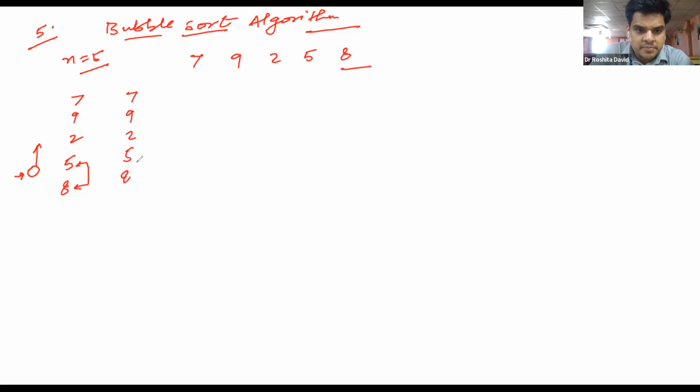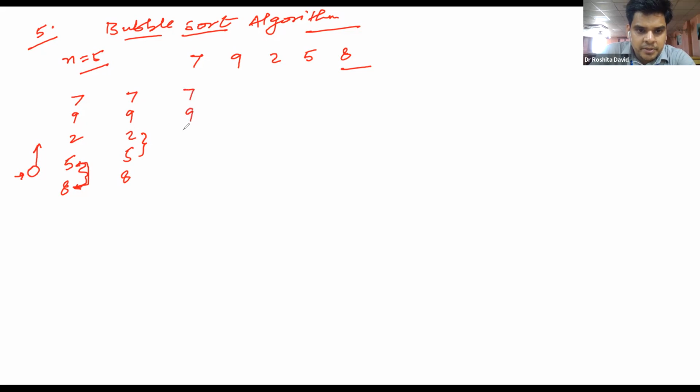The order will be the same. Next I will compare these two. I'm using this curly bracket for comparison. This number is lesser than that, so this will also not swap.